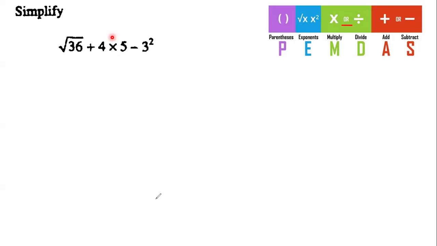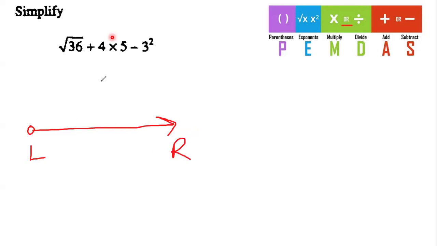Very good. Andrew, whatever one comes first in the question, from left to right. Since they're equally weighted, you do whatever comes first from left to right.